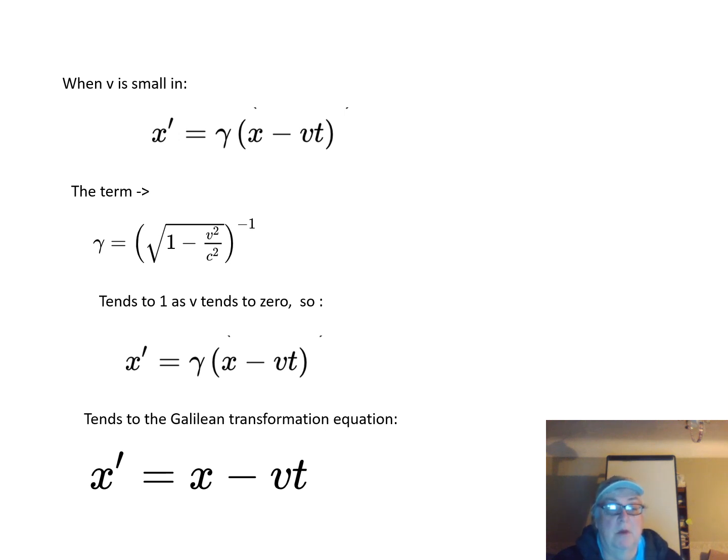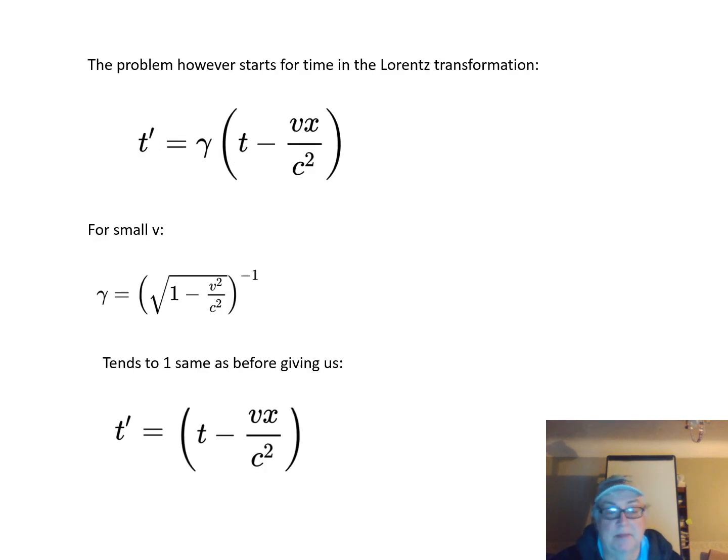So the above equation of x prime equal to gamma times x minus vt tends to the Galilean transformation equation x prime equal to x minus vt, and that is okay, which is showing that for low speeds that particular part of the Lorentz transformations reduces to the same thing as what the Galilean transformations has.